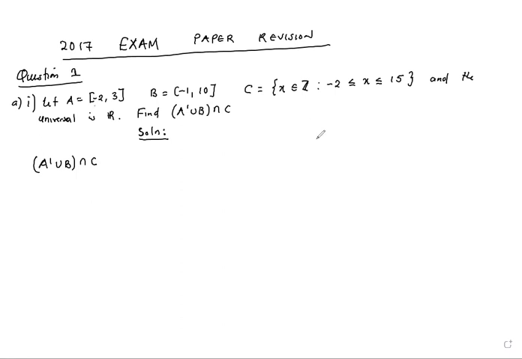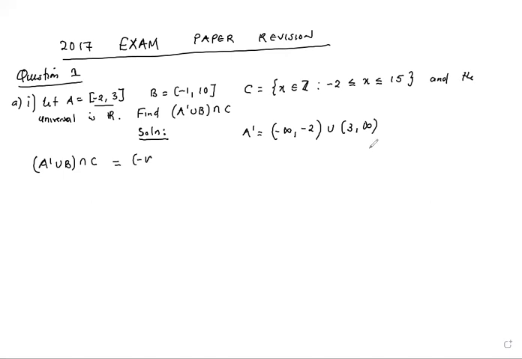So A is here. So its complement is actually -infinity up to -2. Since -2 is included in A, it won't be in the complement. Union, since 3 is in A, it won't be in the complement. And then B is there already.